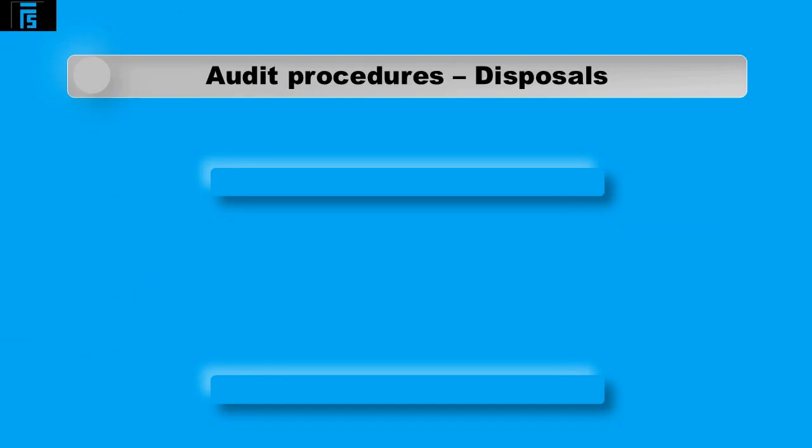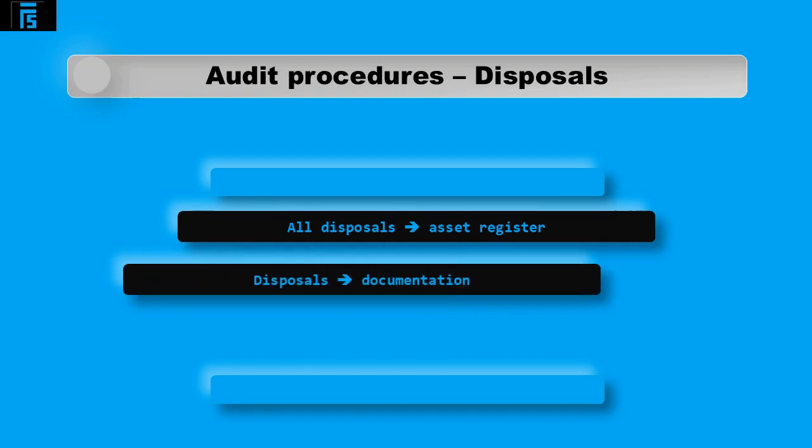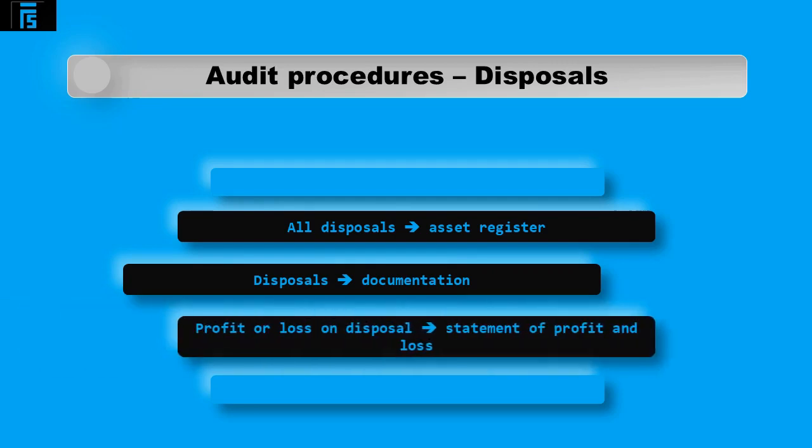For disposals in the year, the auditor should obtain a list of all disposals of assets made in the year and agree to the asset register to ensure that they have now been removed. They can agree disposals to documentation, for example sales receipts and bank statements, to prove that they were disposed of, and review the profit or loss on disposal and agree with what has been recorded in the statement of profit and loss.